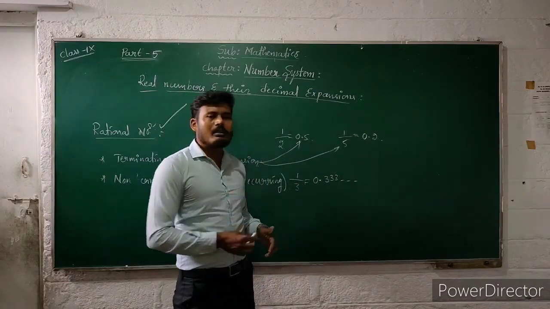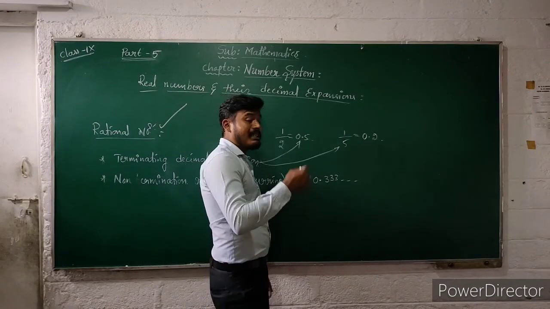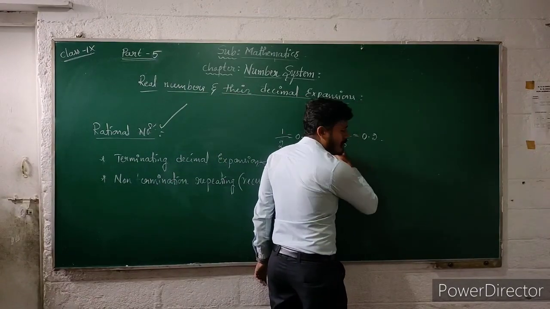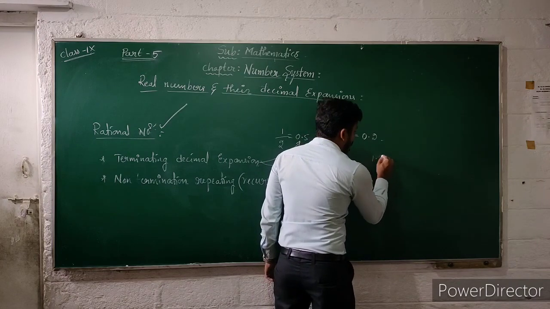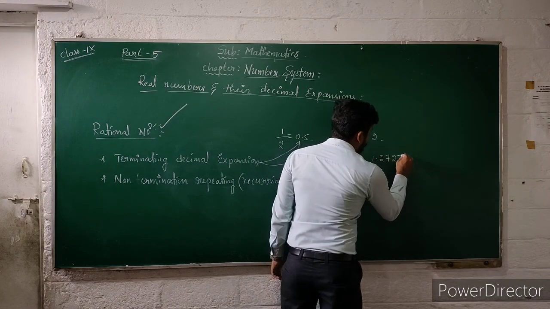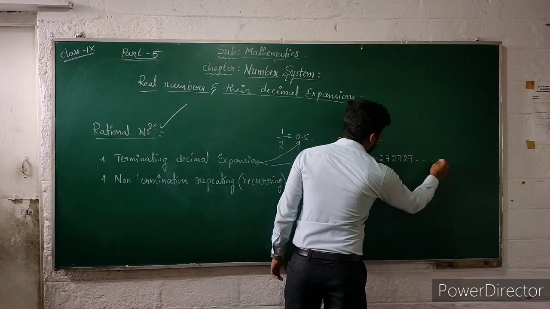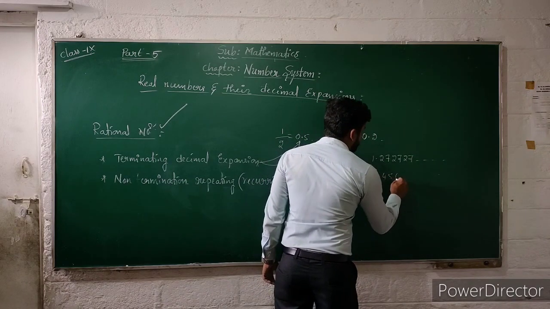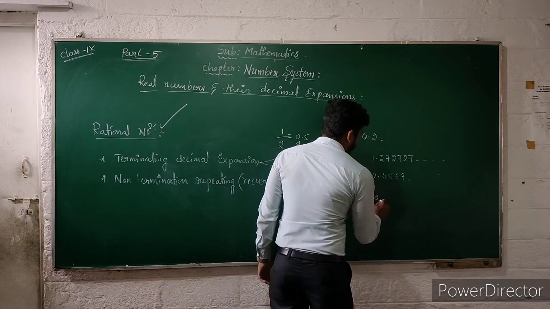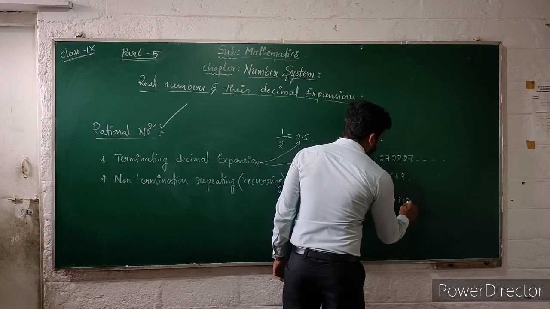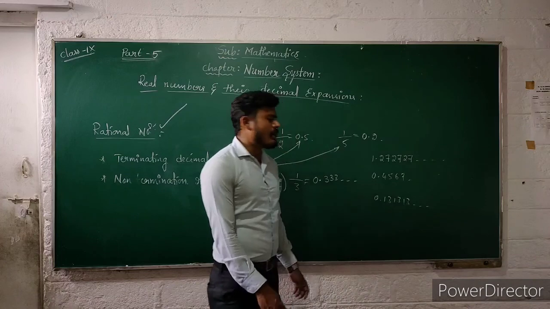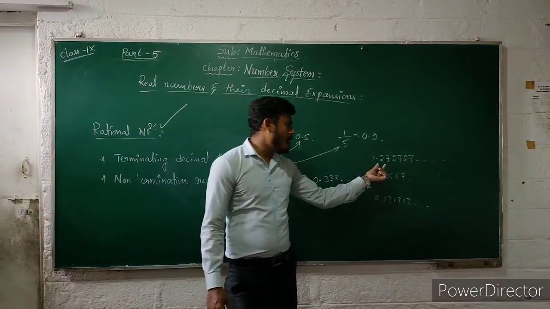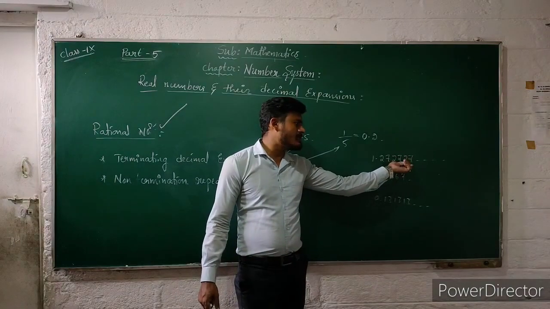Moving on to some other examples. Here I would like to write some more examples related to rational numbers. 1.27, 27, 27 and so on; 0.4567; 0.131313 and so on. By observing these decimal expansions, take 1.27, 27, 27 and so on.